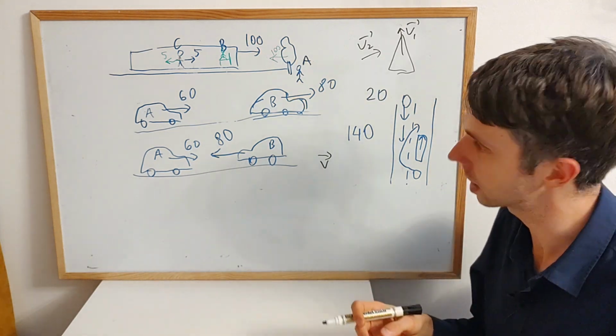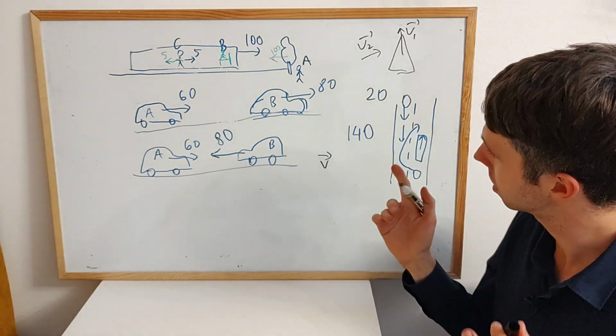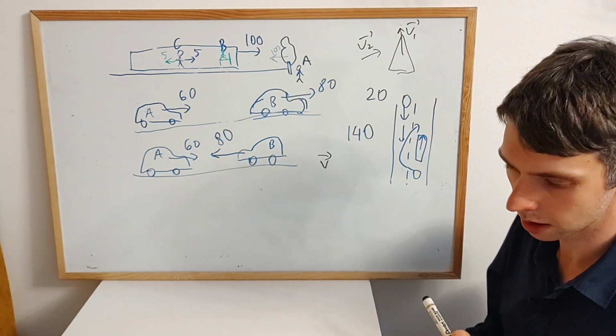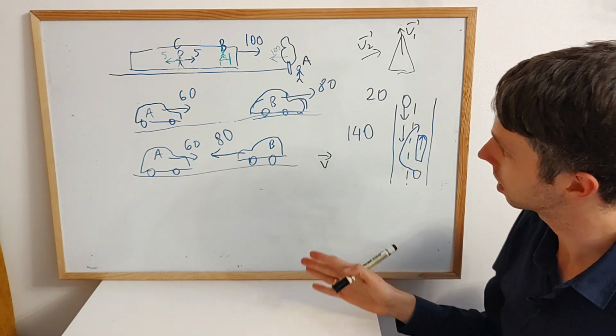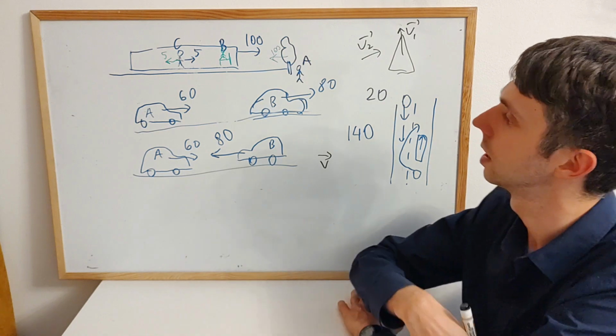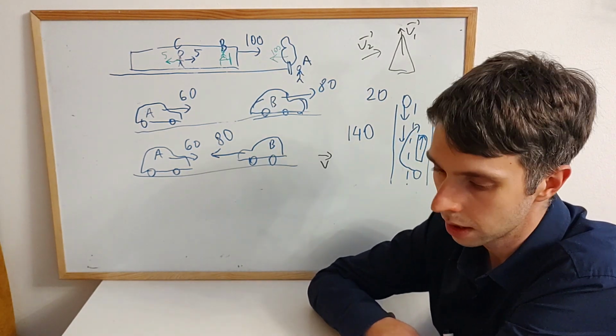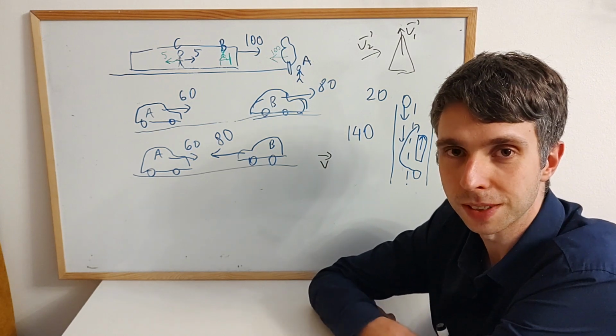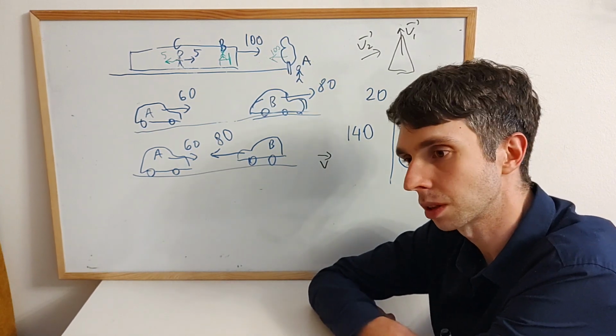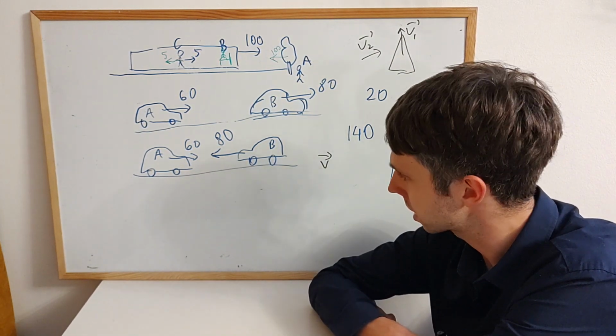I discussed how to add vectors, and I will also discuss relative motion in more detail when solving specific problems in the next video, so I invite you to check them.